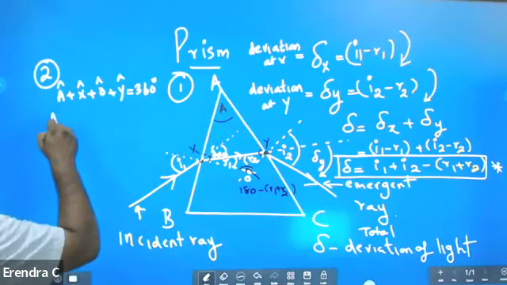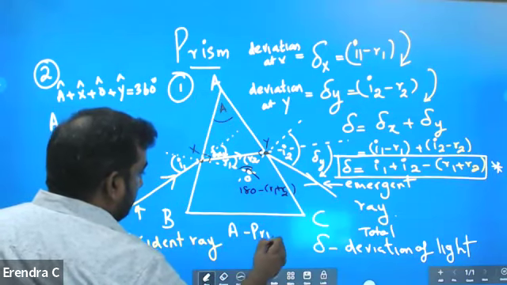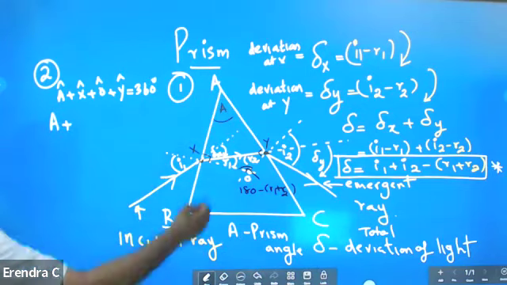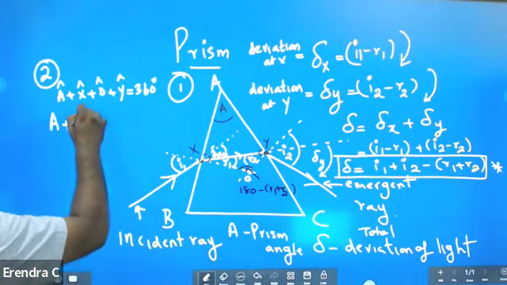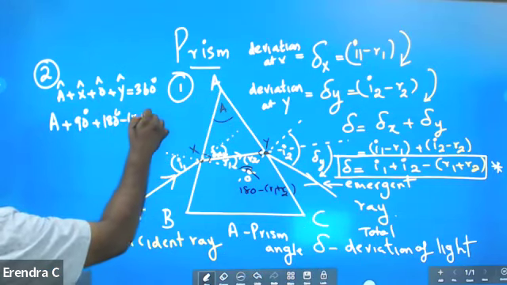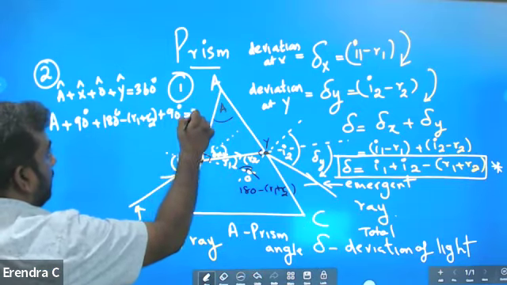A is going to be the prism angle. X is going to be 90. O is going to be 180 minus (R1 plus R2). Y is going to be 90. The total is 360.